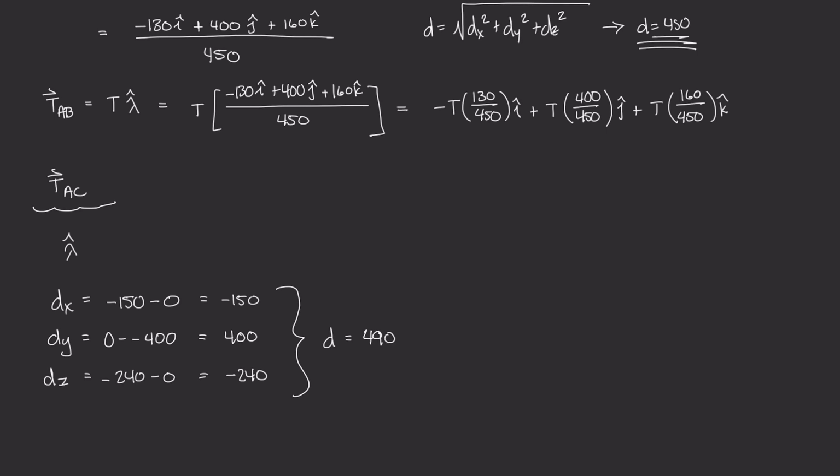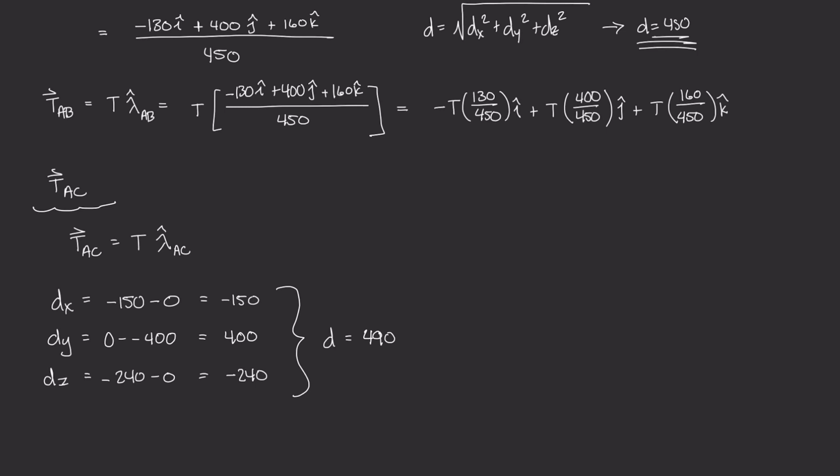And so now if I write out TAC, well, the scalar quantity is just T, right? It's the same tension times this unit vector. And I should really label these unit vectors. This is lambda for AC, and this up here was lambda for AB, just so you know that they are different.